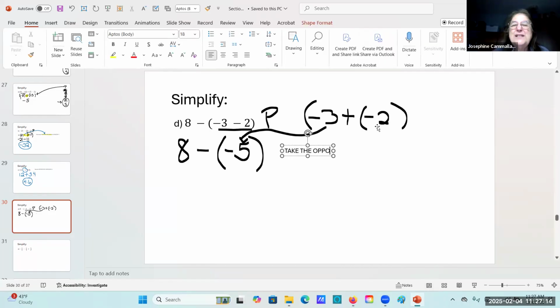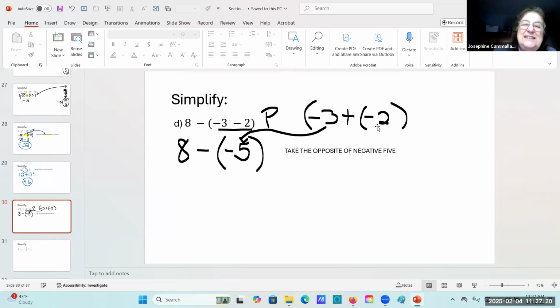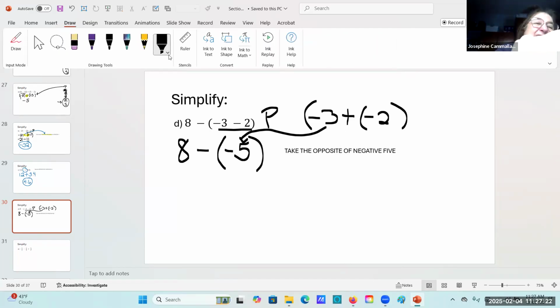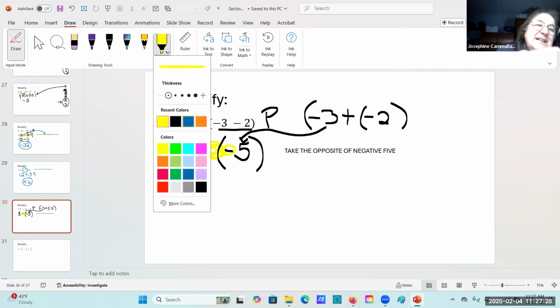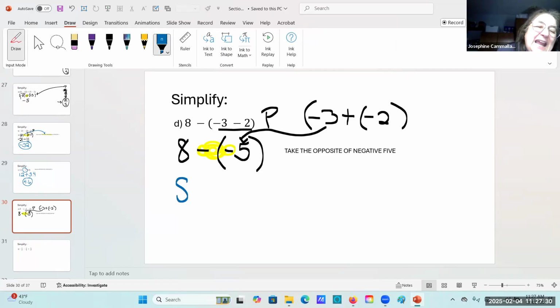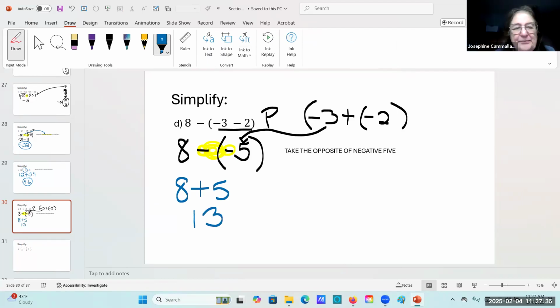Take the opposite of negative 5, because I have these two symbols. This is really 8 plus 5, or 13.